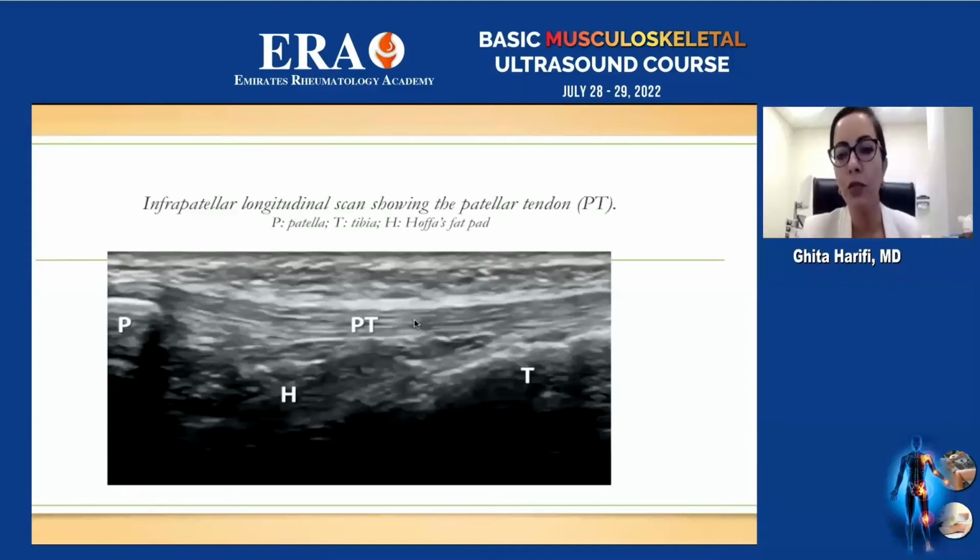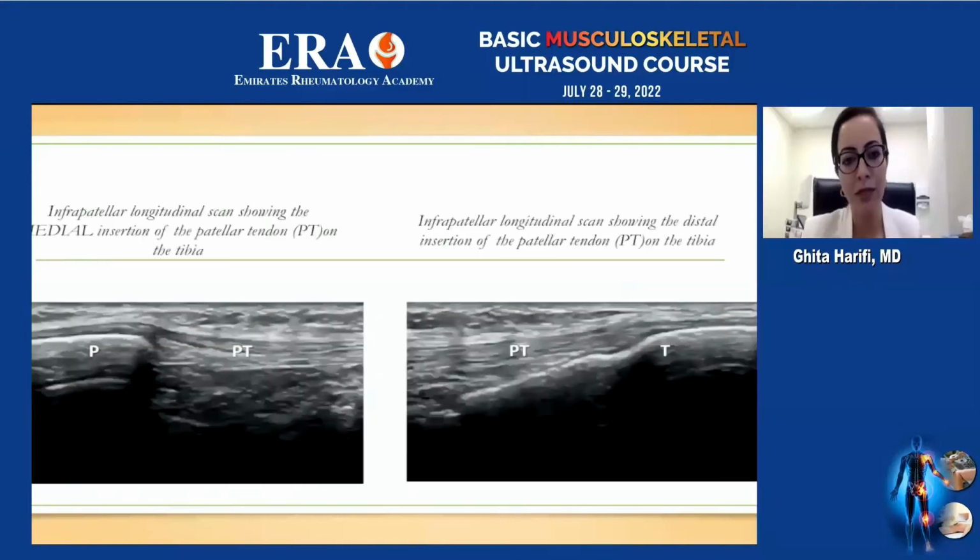In the literature, you have some indications of the normal thickness of this tendon and enthesis at the proximal and distal insertions. But the best way, obviously, is always to compare the right and left side.